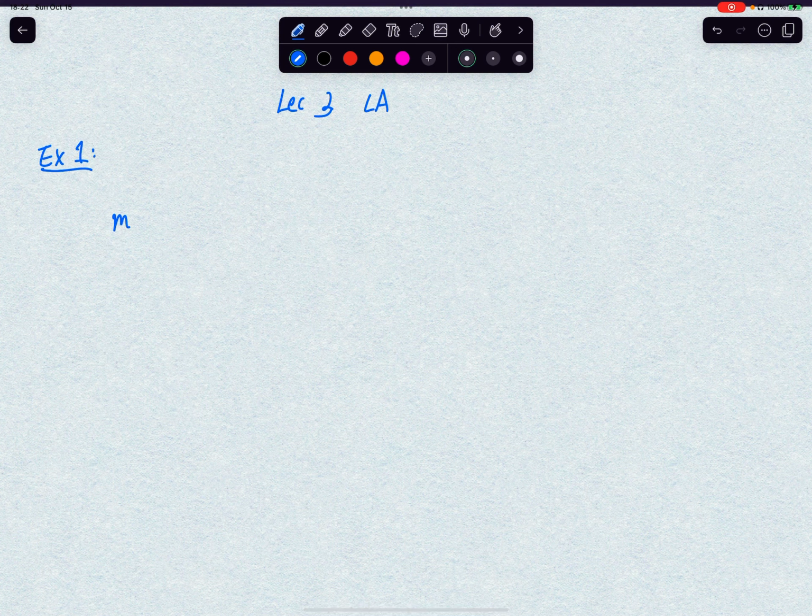So in this way, if our A is partitioned by this alpha i, since we have m rows, then we say that A is partitioned by row.